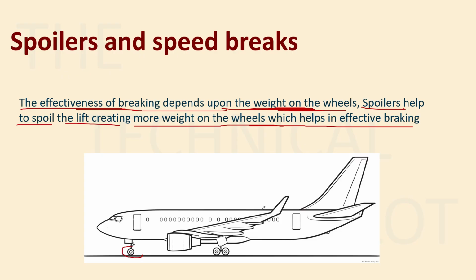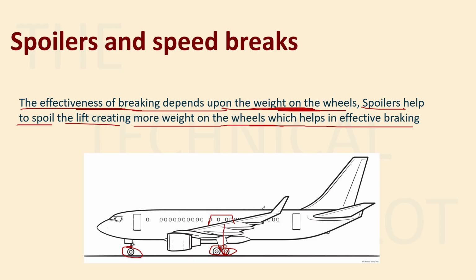So the effectiveness of your brakes depends upon how much weight is there on the wheels. There is lift on the aircraft's wing, and because of this lift, the weight on the wheels is reduced, right?